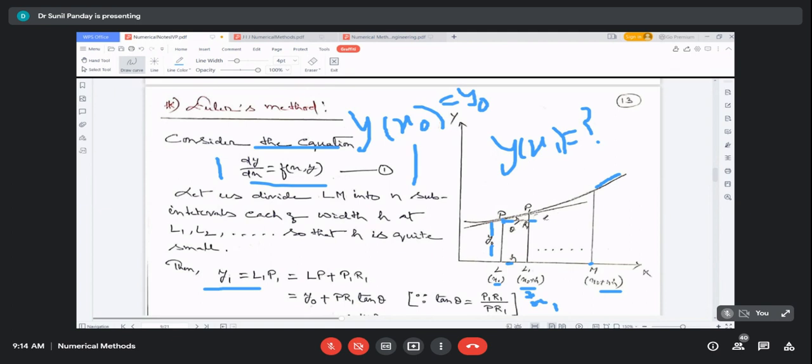Then they have approximated this P1 R1, because P1 R1 should actually be up to the curve, but it is not.